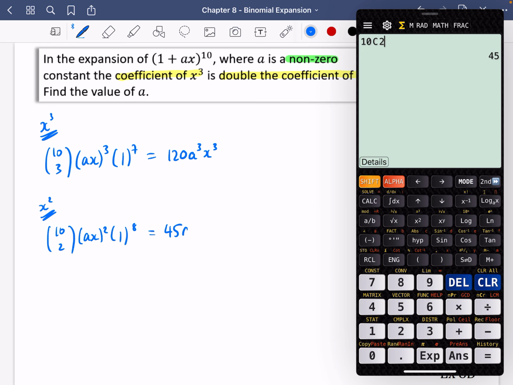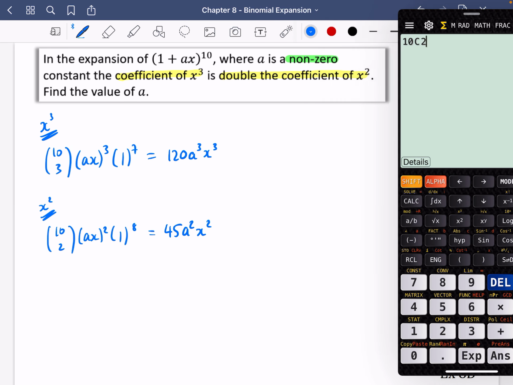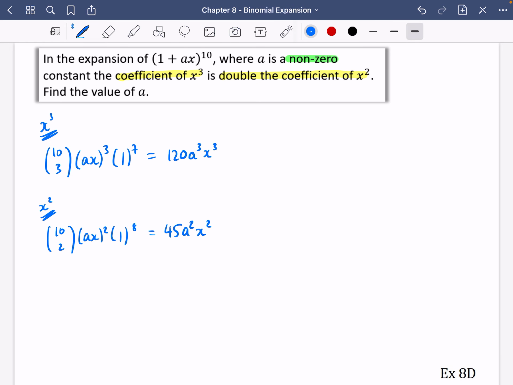That's 45a squared x squared, and then again the 1 to the power of 8 is just going to be 1, so luckily we don't really need to deal with that. So this is my coefficient of x cubed, this is my coefficient of x squared, and it says the coefficient of x cubed is double the coefficient of x squared.